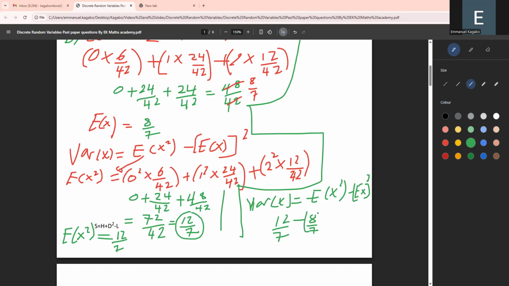When I square that, I'm going to get 12 over 7 minus 64 over 49. For the final answer here, you can use a calculator and subtract that or find the LCM. When you work that out, it's going to give you 20 over 49.